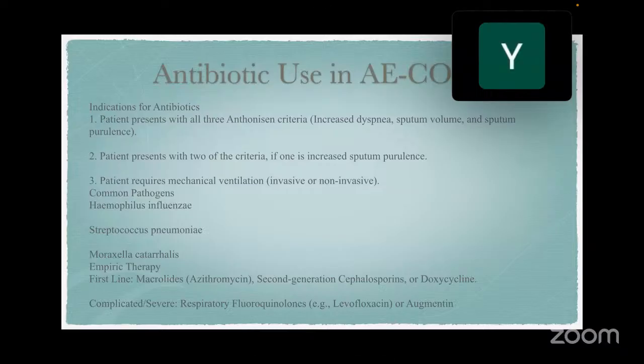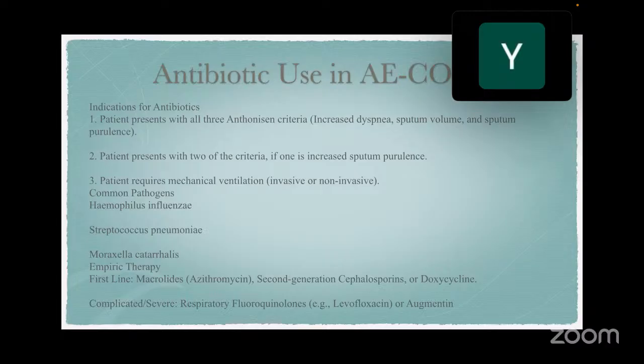We have here also the antibiotic used in acute exacerbation of COPD. So deciding when to use antibiotics is very important. Why? In order to limit antimicrobial resistance. So according to the previous criteria, we primarily treat when there is evidence of an active bacterial infection signaled by the sputum changes.